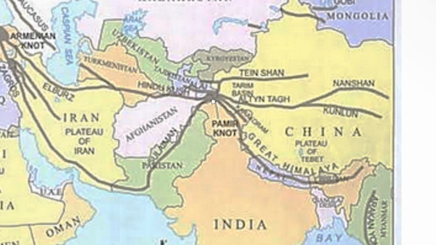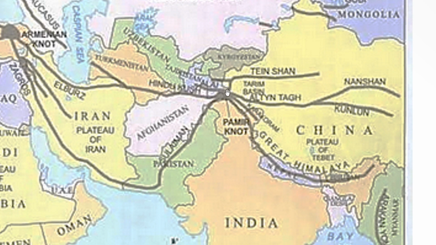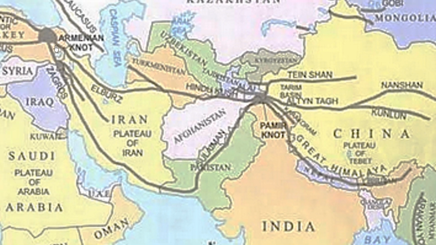The central mountain system has got two nodal points, the Pamir knot and the Armenian knot. The Pamir knot, which is found in the northern part of India, is a nodal point from where several mountain ranges radiate in the east, in the southeast, in the west, southwest, and in the north.